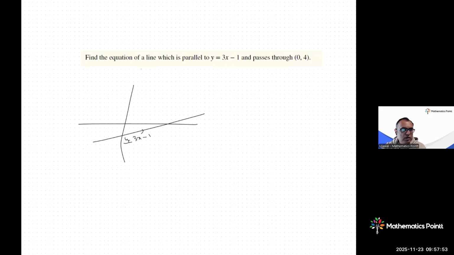I need to find the equation of the line which is parallel to this line that I've just drawn, passing through the point 0, 4. Where is 0, 4? Let's say if I were to scale it, hypothetically, that's 0, so 1, 2, 3, 4. That must be 4. So I need to find the equation of, I'll just draw it in red, this line, which is parallel to this line.